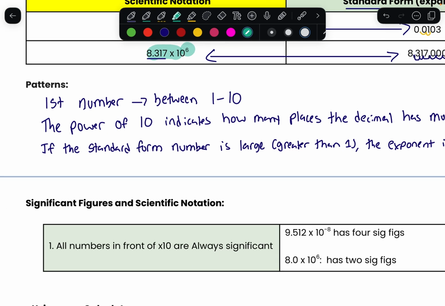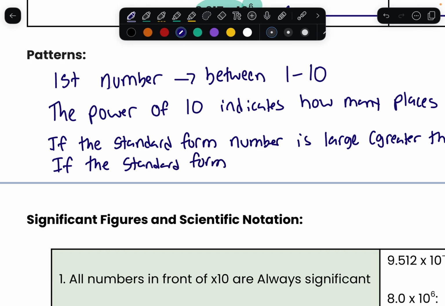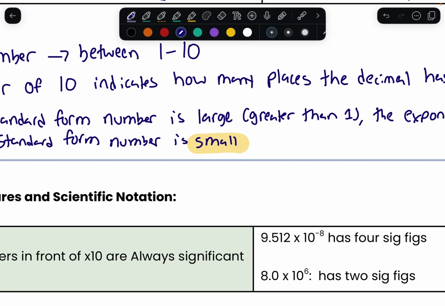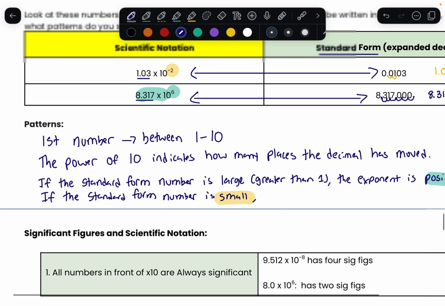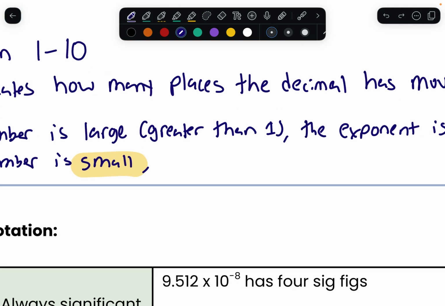Correspondingly, if the standard form number is small, like we saw on that first one, 0.0103, the exponent is going to be negative.